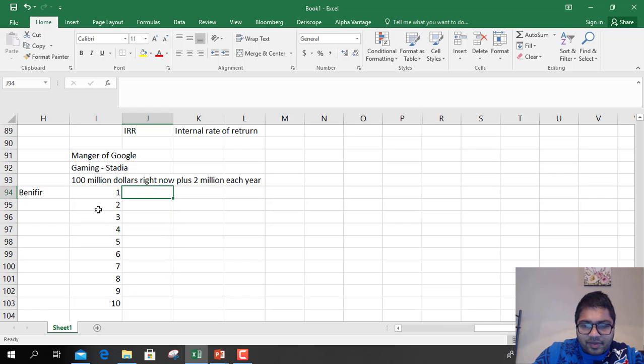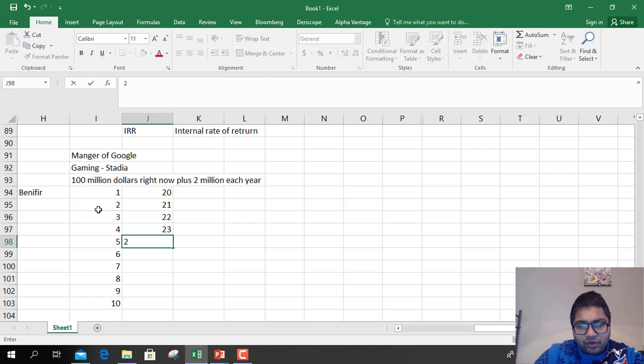So first year benefit 20 million, then 21 million, 22 million, then 23, 24.